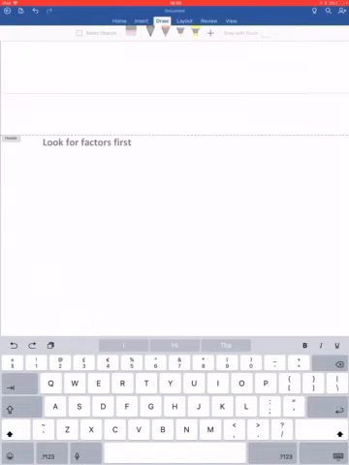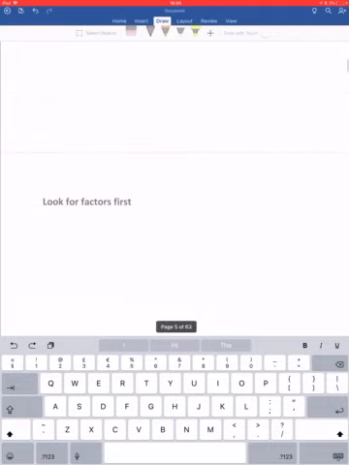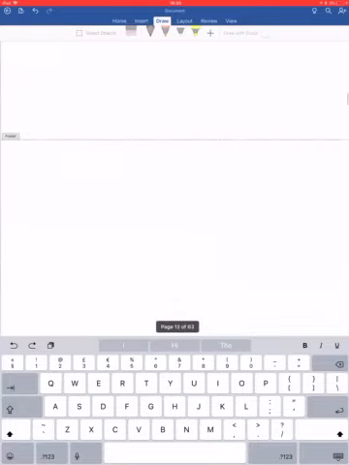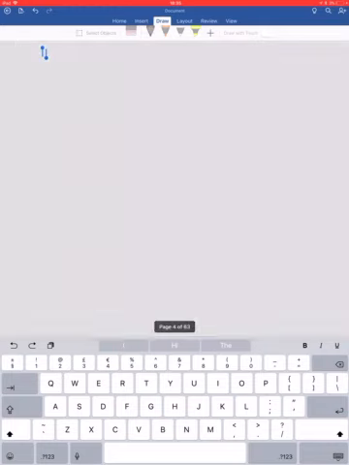Goodness knows what I've done. Anyway, right, let's have a look. What about if I've got a quadratic sequence? I've got that many pages, I'm sure. Shall we just start it here?